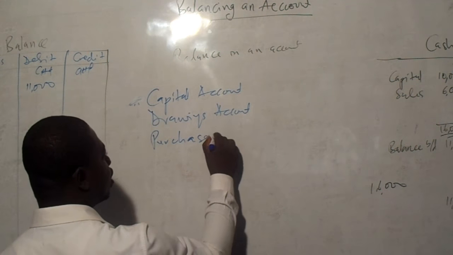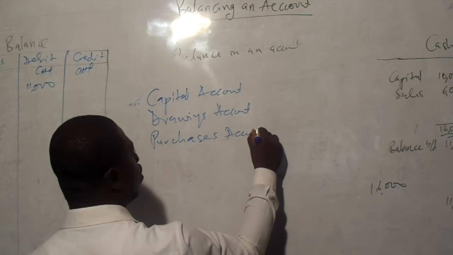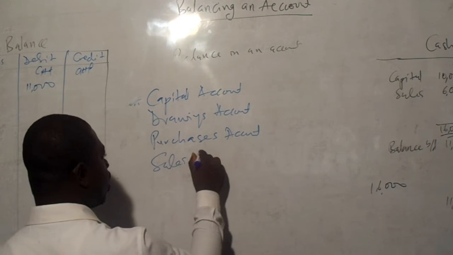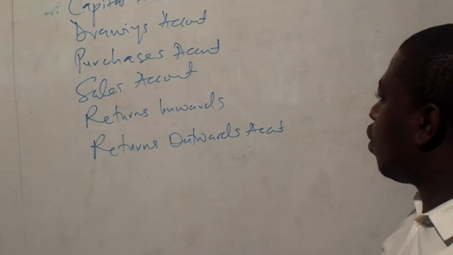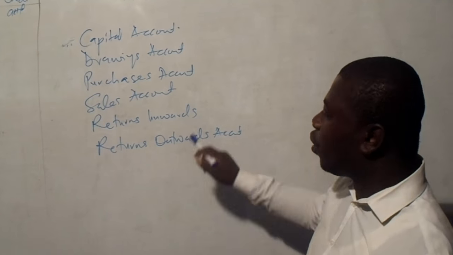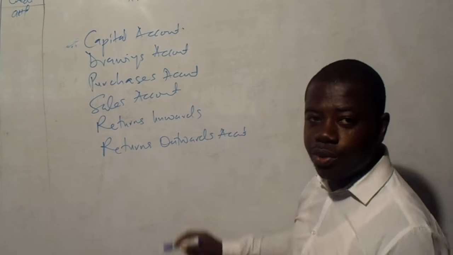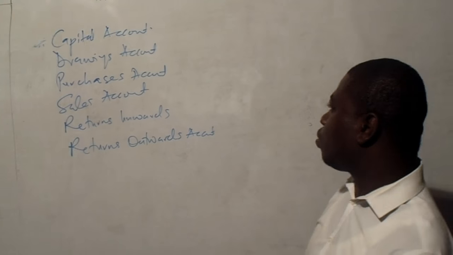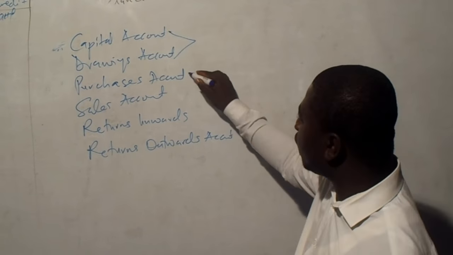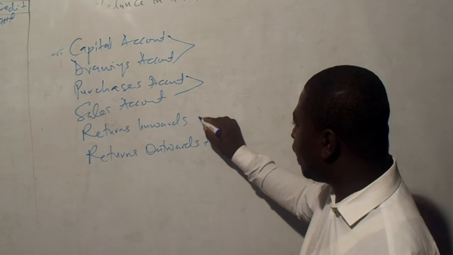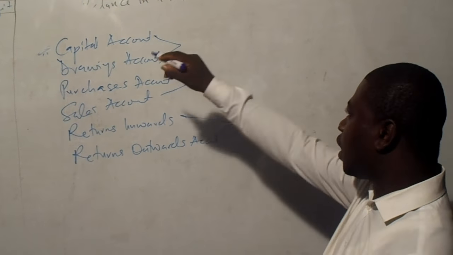Then we have purchases account and sales account, which are also opposites in nature. Return inwards is called sales returns, and return outwards is also called purchases returns. These two are opposite in nature. These two are opposite to each other, and these are also opposite to each other.